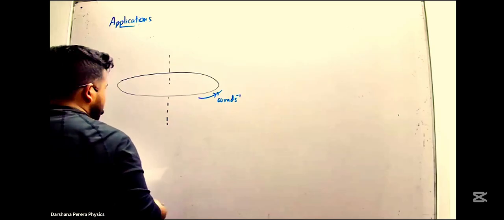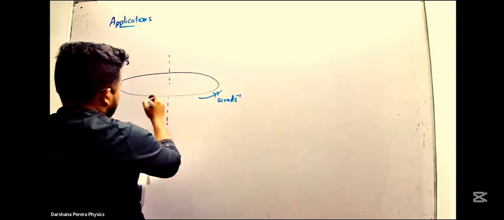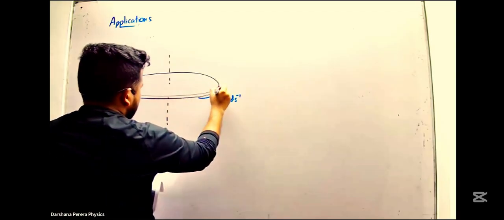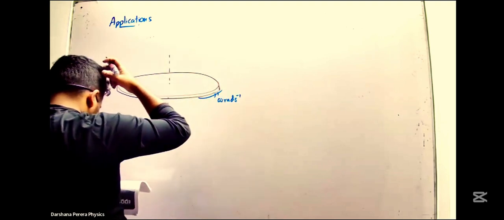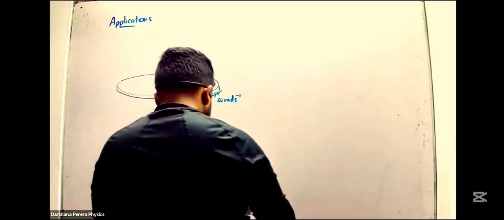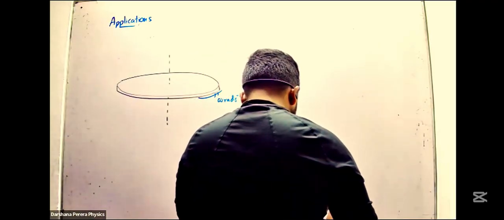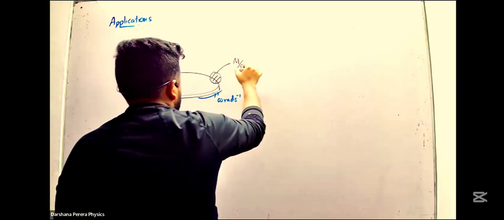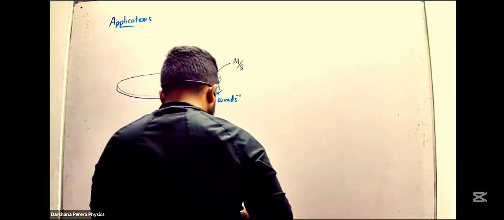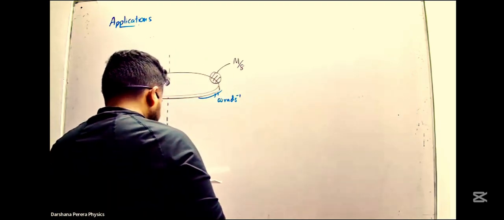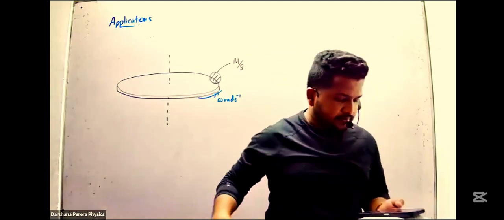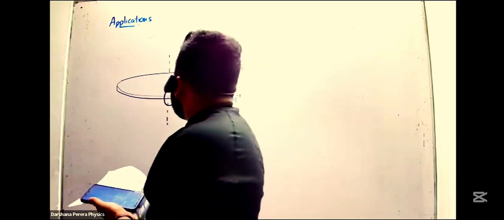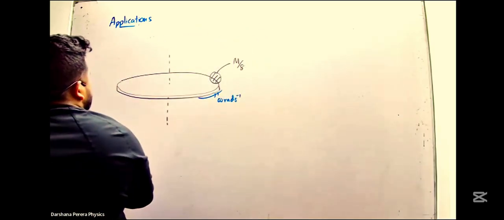Then a clay ball of mass capital M over 8 is dropped onto the edge of the plate, and it sticks to the plate. Initially it rotates with omega.